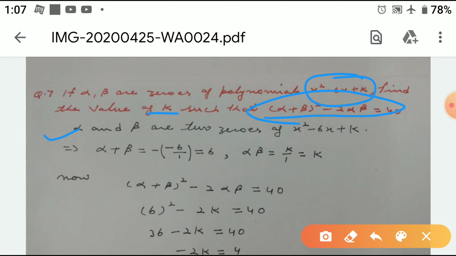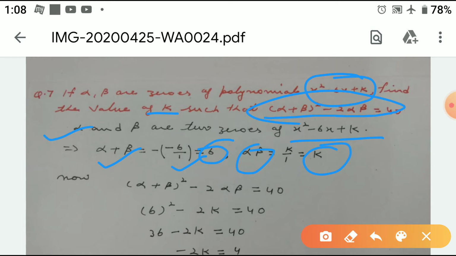So here let alpha and beta be the two zeros of this. Clear? Same. Alpha plus beta is equal to minus minus 6 upon 1, that is 6. Right? So alpha plus beta is 6 and alpha beta is c upon a, that is k.